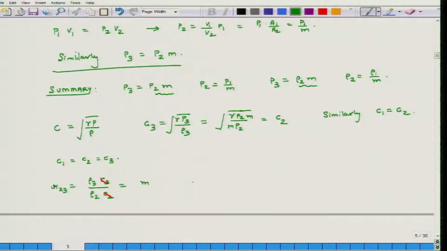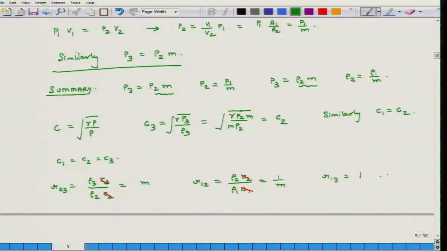The next parameter we are going to compute is R12, which is equal to rho 2 C2 divided by rho 1 C1, and once again C2 equals C1, so I am going to cancel them out, and the ratio of rho 2 and rho 1 is 1 over m. And finally, R13 equals 1.